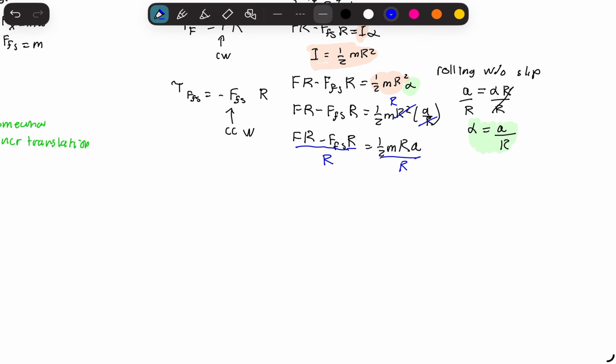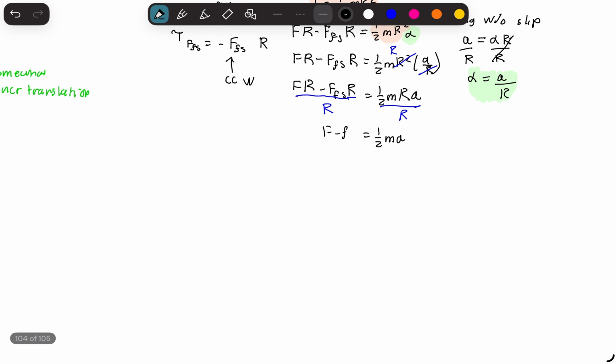So if you divide, those r's are going to cancel out, and you're going to have F minus Fs is equal to 1/2 mass times your acceleration. So from translational motion, you have F plus Fs is equal to ma. And then from rotational, you have F minus Fs is equal to 1/2 ma.